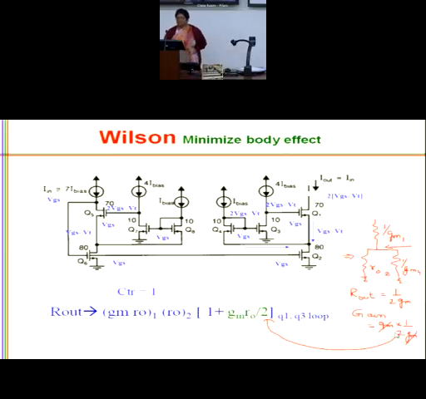Then you can say that we are having so many biasing arms. Yes, I agree. That means I am using too much power, I am consuming too much power. But then I am gaining on my efficiency. Now my current mirror is much more efficient. So there is a trade-off. I am adding too many reference arms. These reference arms you create only once and then simply mirror.